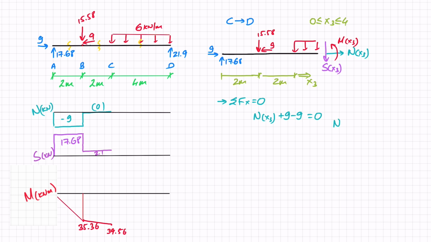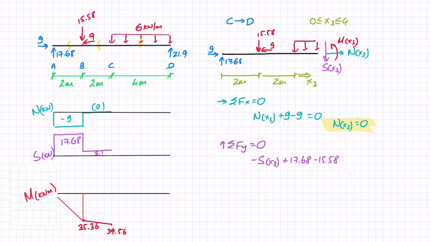So once again, I've got N x3 equals 0. Moving on to the sum of forces in y, I've got minus S x3 plus 17.68 minus 15.58, and now I also have this bit of the UDL.